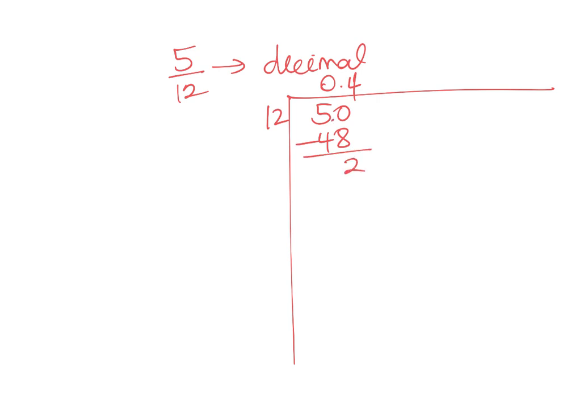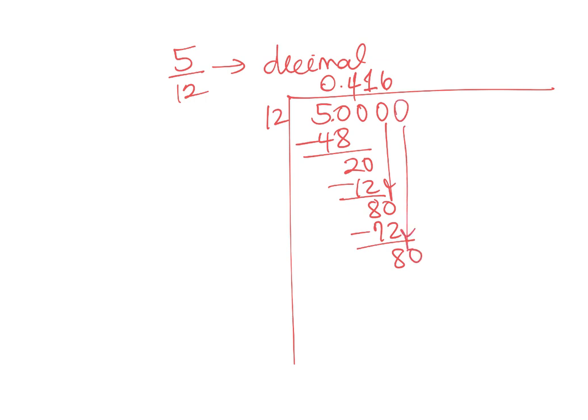So we have 2. 12 goes into 20 once. 1 times 12 is 12. We have 8. 12 goes into 80 6 times. 6 times 12 is 72. We have 8. 12 goes into 80 6 times again. 6 times 12 is 72. And notice it's going to keep repeating.